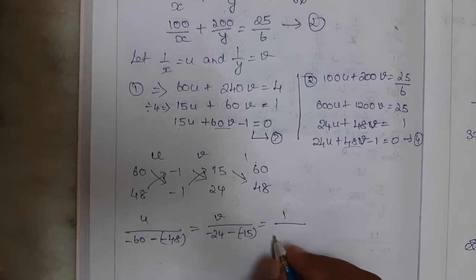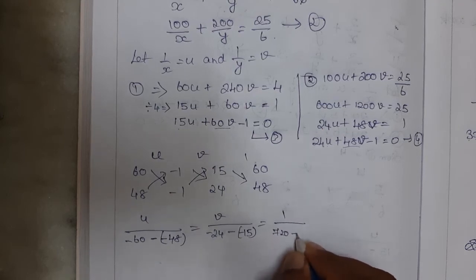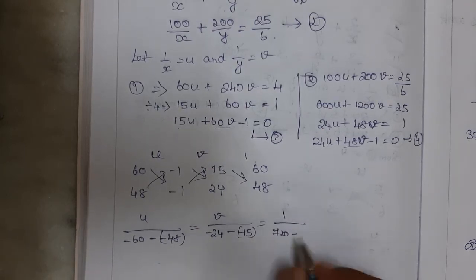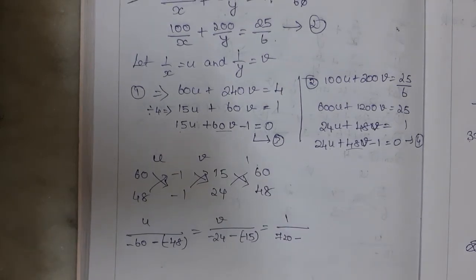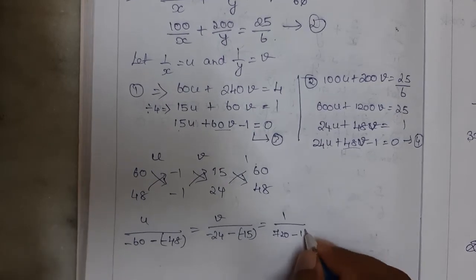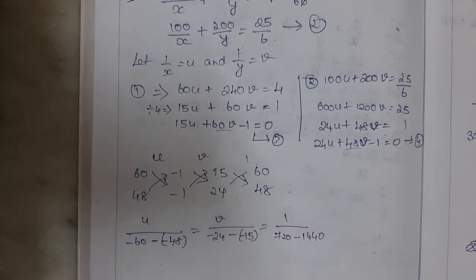It will become 720, right? Minus 24 into 60, 24 6s are 144, so 1440, right?